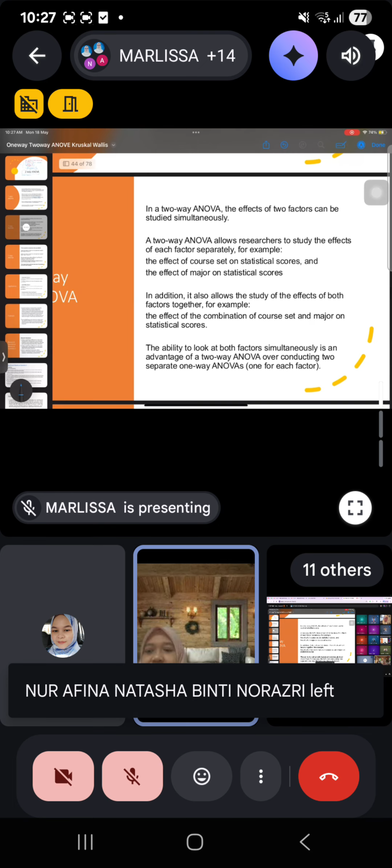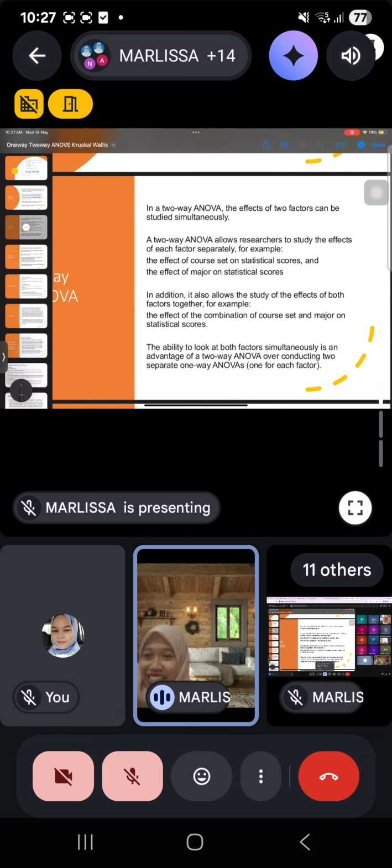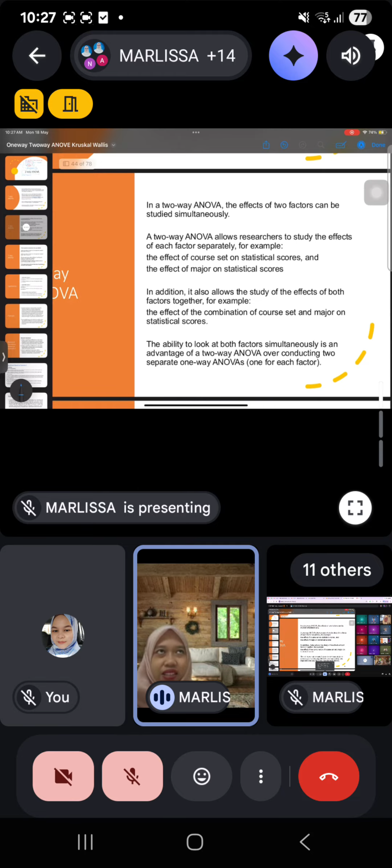Maybe you want to see only gender, you want to see only set, you can do that. And the bonus point is you can also see the effect of interaction between each factor. Let's say you want to see if male in set 1, how is their performance. You can see it separately, and you can see the interactions. That's the bonus point of two-way ANOVA.